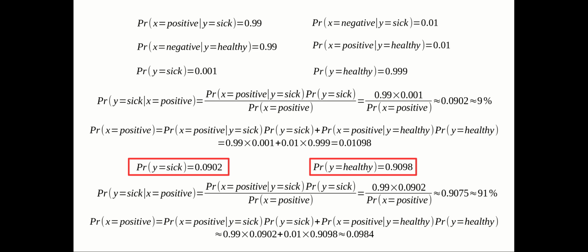So 1 over 10 or 1 over 11, that's about 9 or 10%. This is a counterintuitive result, but it has very important consequences for us to understand the Bayesian theorem.